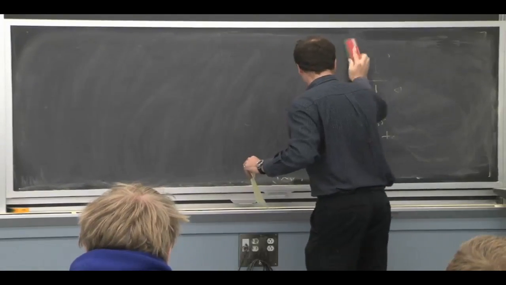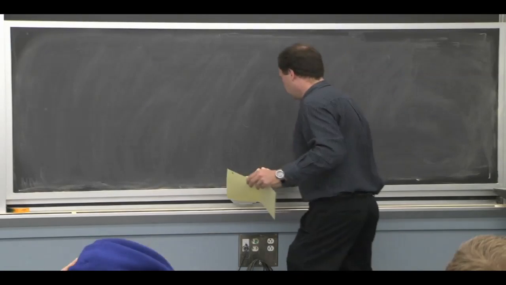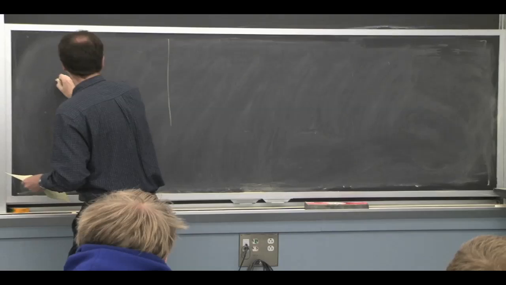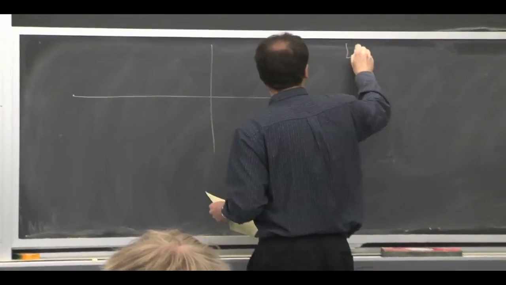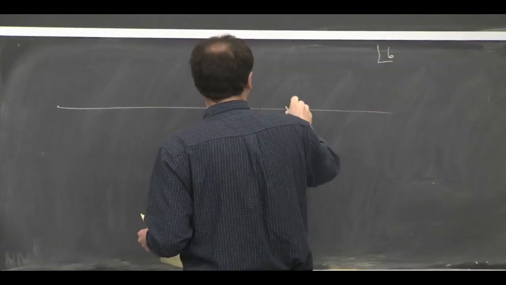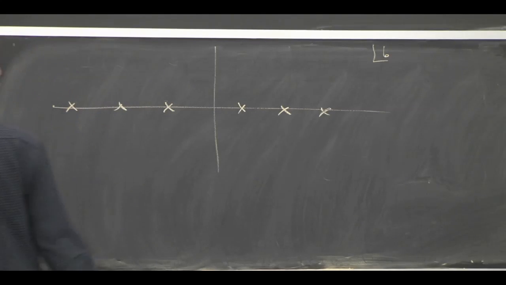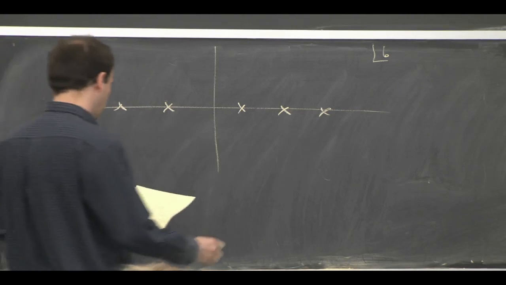That's kind of what I meant by having some kind of notion of how divergent a series is. So you look in this Borel space, and you look at the real axis, and there are poles, actually, on both sides.